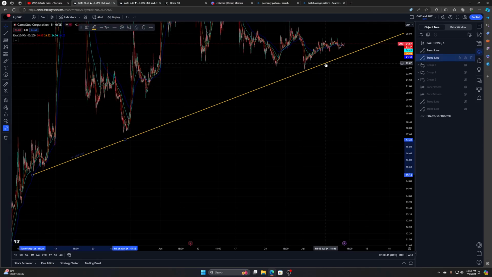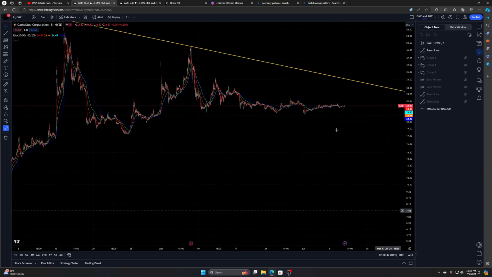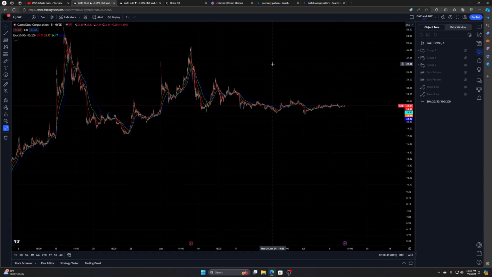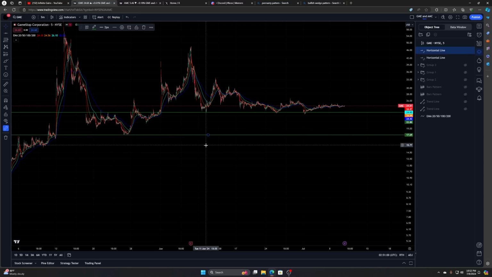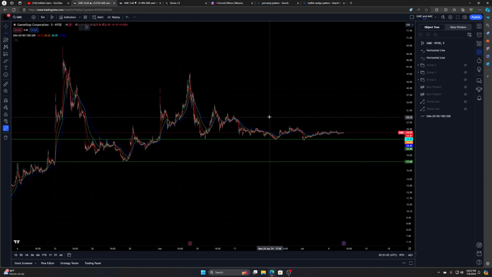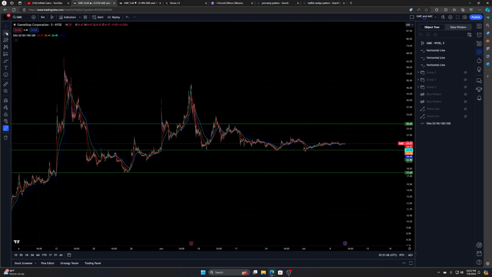I guess we can do what we did for AMC, right? You identify horizontal levels. So this would be a level. This would obviously be a level. Let's say that's a level as well.